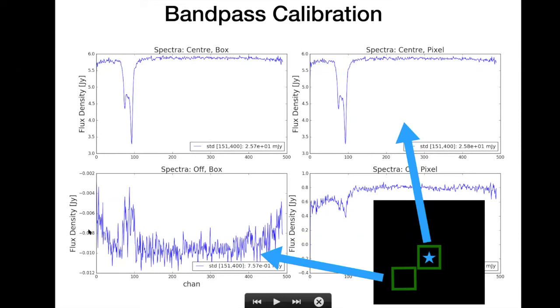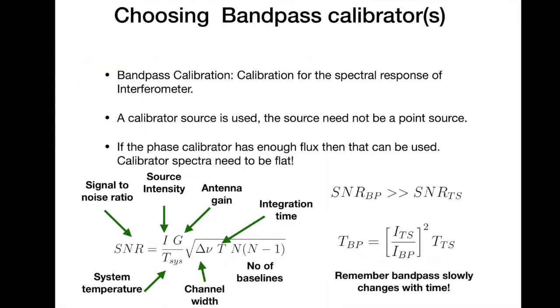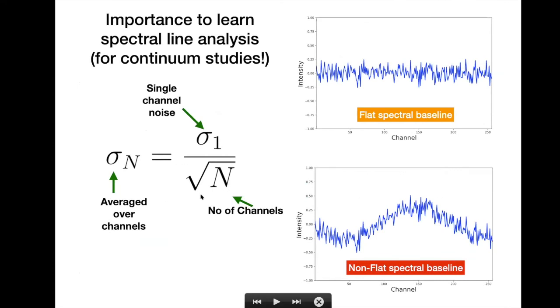It means that if I want to reduce my noise beyond, say, if you believe in this number, 0.002 Jansky, 2 millijansky, by this method of averaging over channels, with that calibration, it may not work. Because at the 0.002 Jansky level, you still have some correlated structure left.